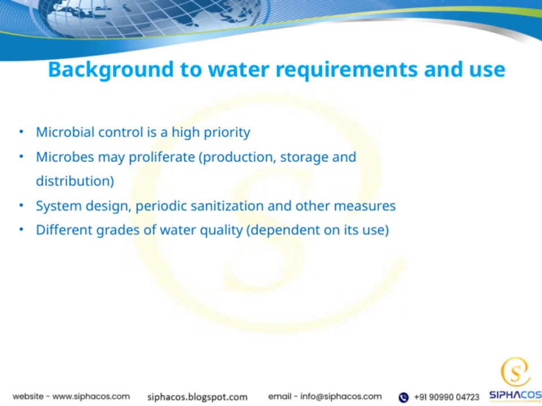For example, water used in cleaning or in certain manufacturing steps must meet specific standards to ensure safety and product integrity. Understanding the background of water requirements and its various uses helps us tailor our control strategies effectively. By maintaining proper water quality and controlling microbial growth, we support the overall safety and quality of our products.